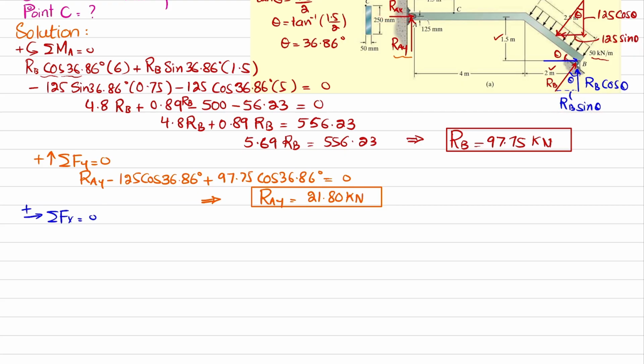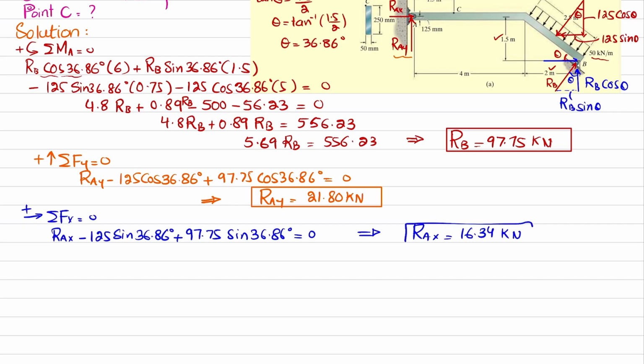So I will write RAX minus 125 into sine of 36.86 degree, plus RB, which is 97.75, into sine of 36.86 degree is equal to 0. When you solve this, you will get RAX will be equal to 16.34 kilonewton.